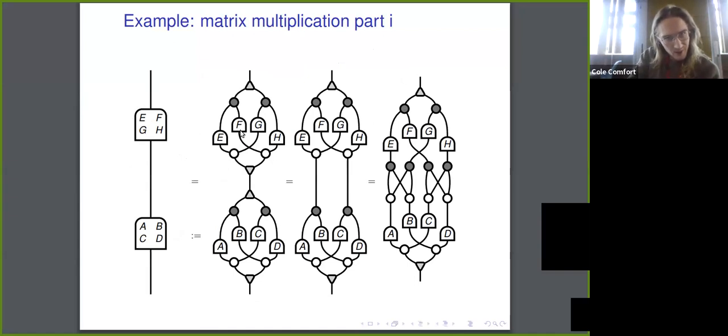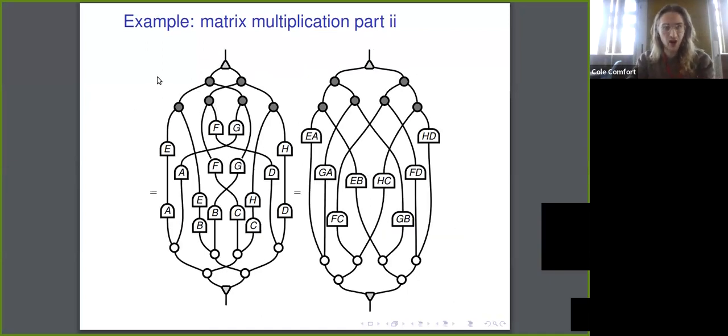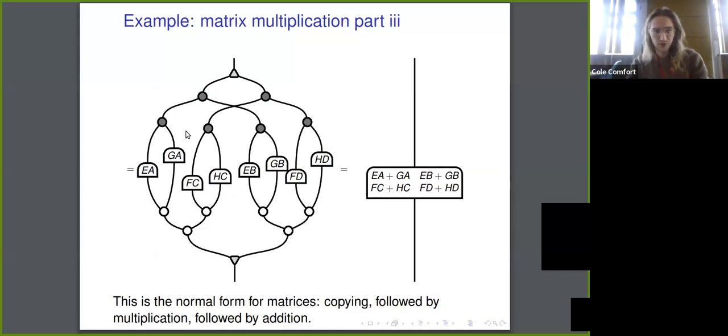We first decompose them according to the rule I gave on the previous slide, and then you unbundle the wires, apply the algebra rule here, and you copy all of the matrices through the white comonoid and black or gray monoid. You apply more rules, and then you get this thing. The final step is you sum them, and this is a graphical way to do matrix multiplication.